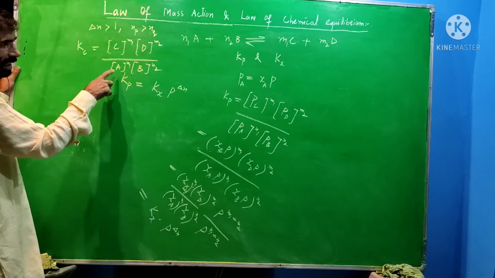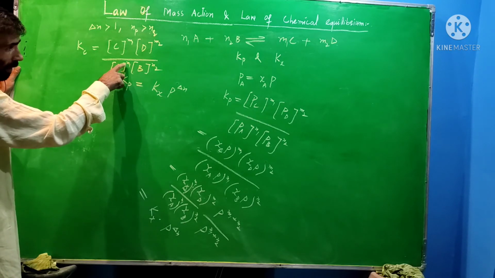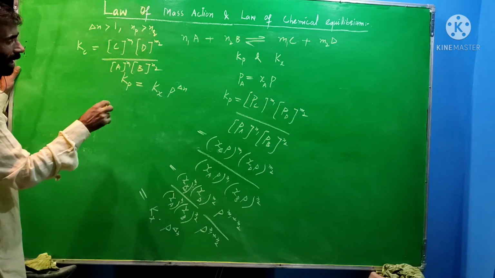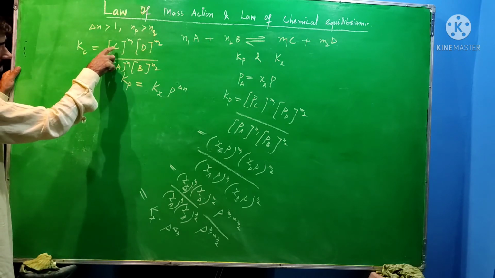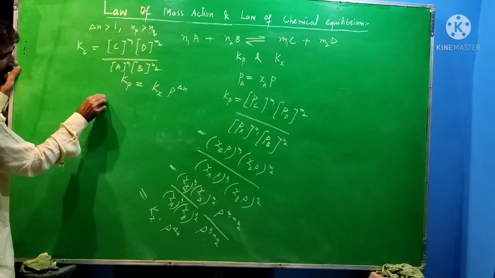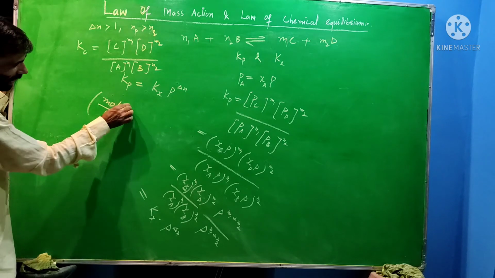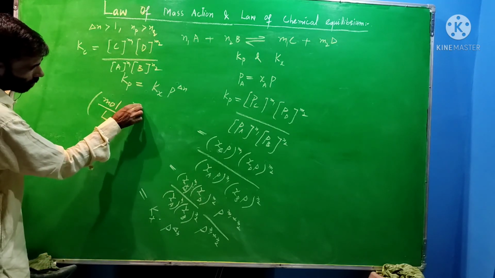The unit will depend upon the values of m1, m2, n1, n2. Here the difference is taken, each and every term is in mole per liter, and then the powers m1 plus m2 appear.